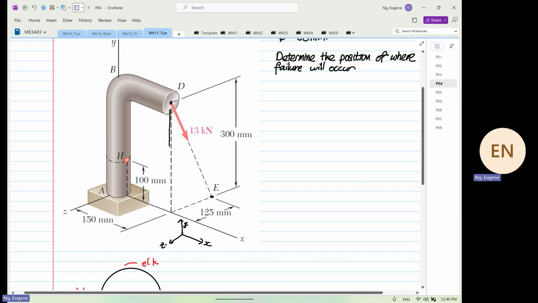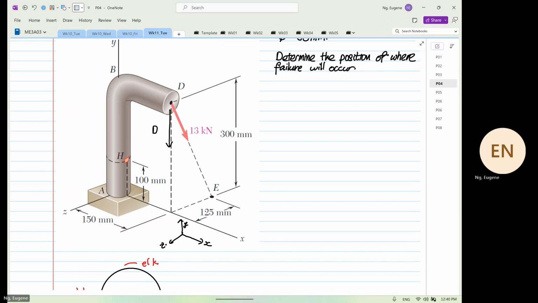So over here, you have your dy. You break it down to your components, and then over here you have your direction, and this is your dz. Now we are going to determine our components, dy and dz.